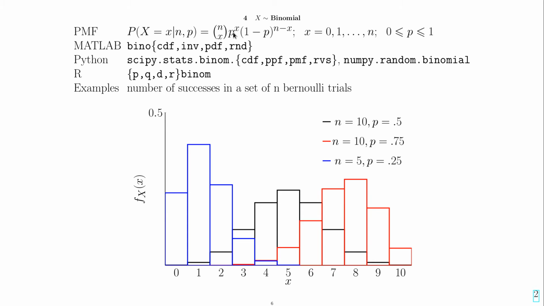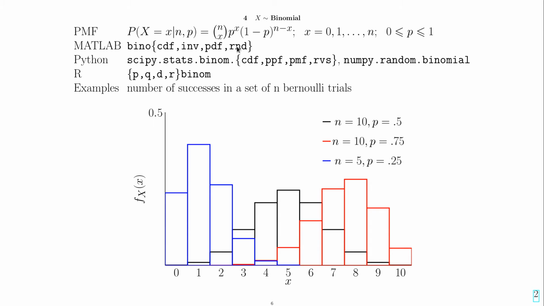So again, probability of success, probability of getting that value of x, in this case, this number of successes. X is the number of successes, so it's the probability of getting the success on a single trial raised to the number of successes. And you subtract the number of failures from that.